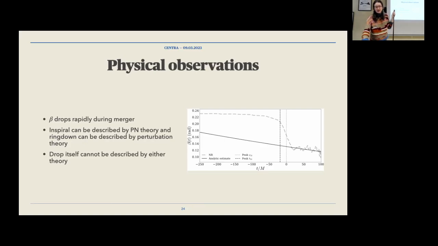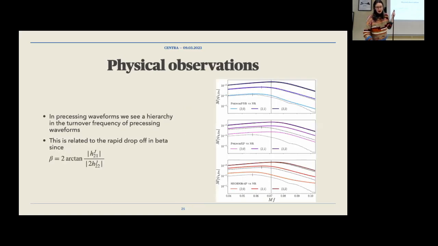And this drop itself has an effect on the waveform that you can see here, where each of the higher harmonics, in fact, turn over at a slightly different frequency. And this is what's being captured by this drop. If we don't have this drop in beta, then we see that they just all turn over at exactly the same frequency.